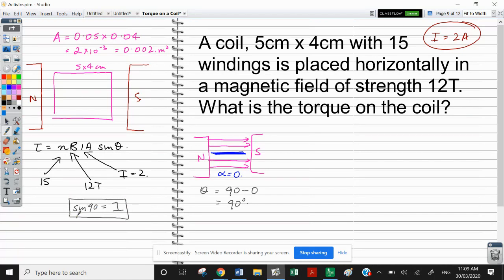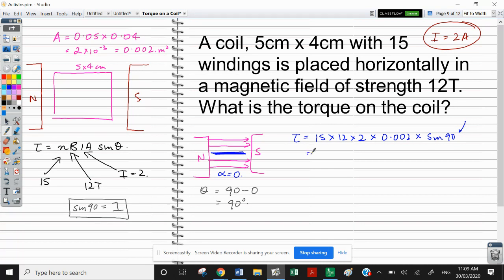Putting in those values, we get torque equaling 15 times 12 times 2 times 0.002 times sine of 90, which is 1. That's good because we know it's in the maximum position.